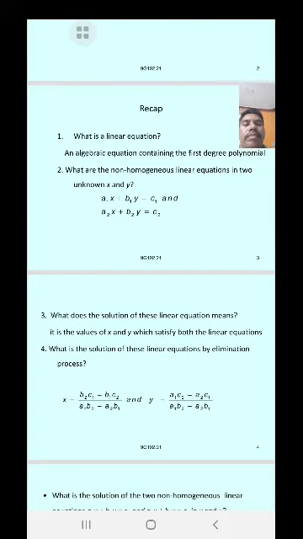Recap. What is a linear equation? An algebraic equation containing a first degree polynomial. Second, what are non-homogeneous linear equations in two unknowns x and y? a1x plus b1y equals c1 and a2x plus b2y equals c2.